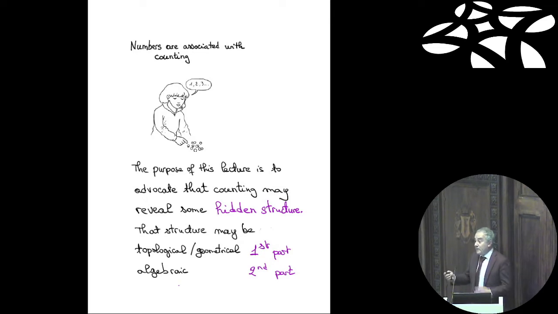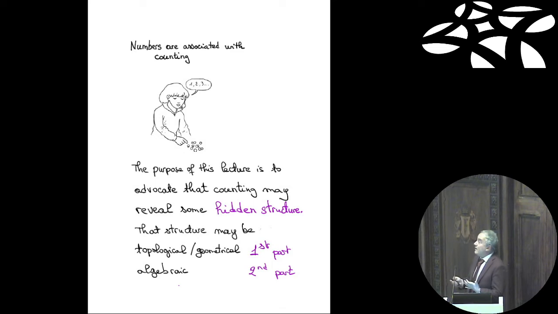And so, well, what do we count? We can count stones, we can count oranges or apples. But here we will count mathematical objects. And the idea I want to really convey in this lecture is to convince you that counting is relevant not just for the pleasure of counting, but maybe more essentially because it helps to discover new structure.